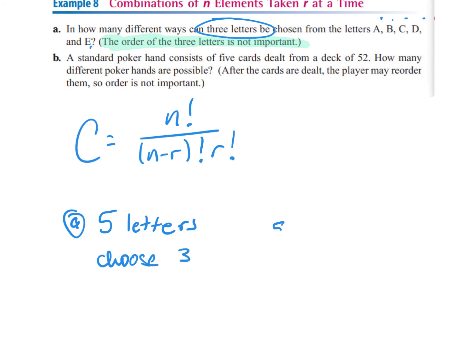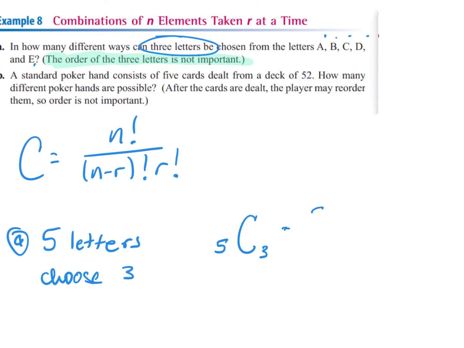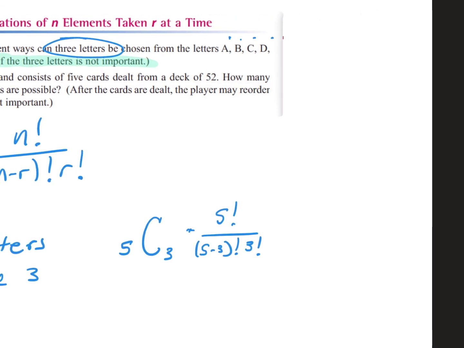So I have 5 total, and I want to know how many ways I can arrange 3 of them. Guys, the bigger number always goes first. So you would plug this in, and you'd say, okay, 5 factorial over 5 minus 3 factorial times what? 3 factorial. Good.